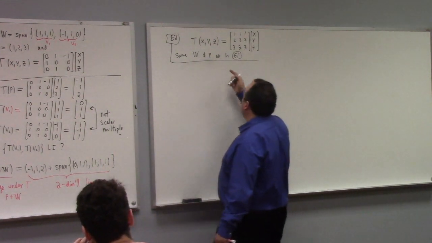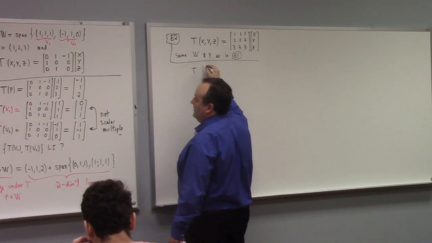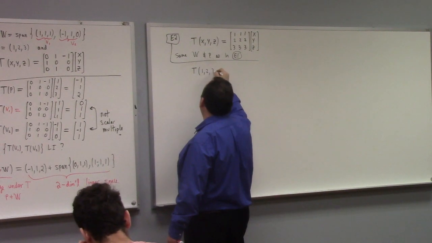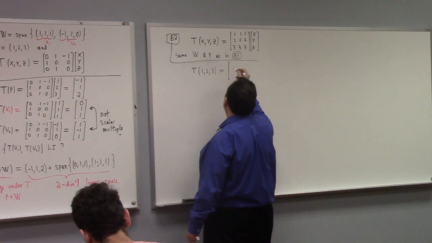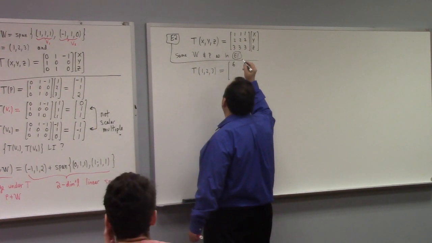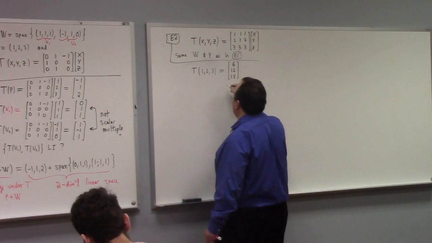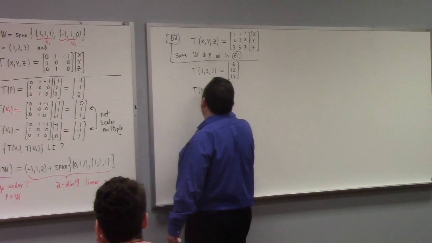So this one here, again, we need to calculate what's T of P. What's T of (1, 2, 3)? 1 plus 2 plus 3, which is 6. Then twice that is 12, then 3 times that is 18. There's T of P. What's T of (1, 1, 1)?